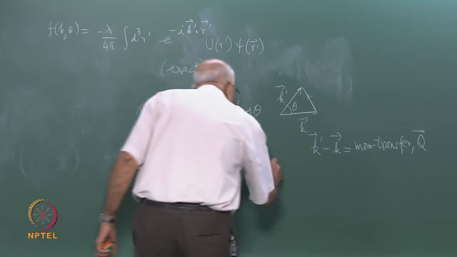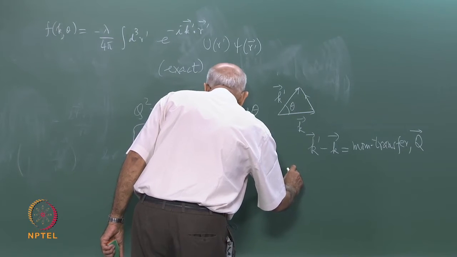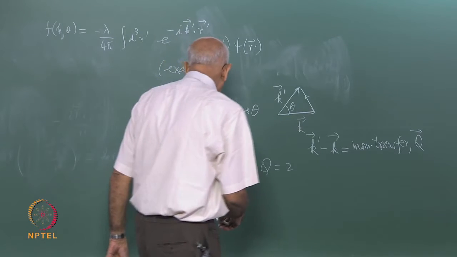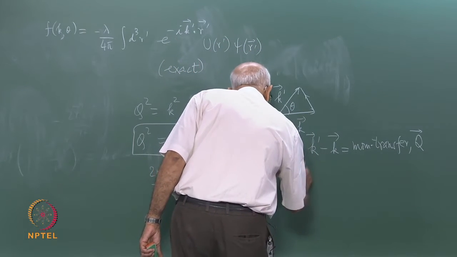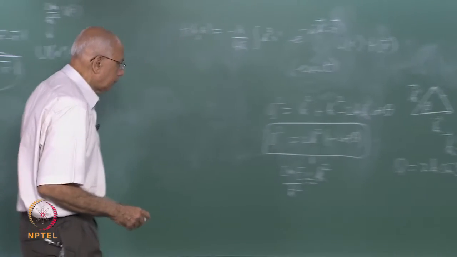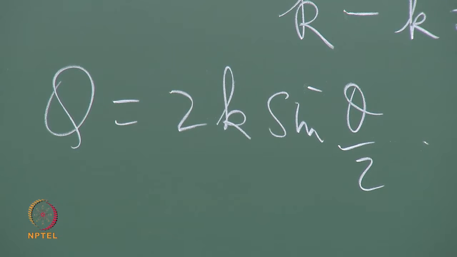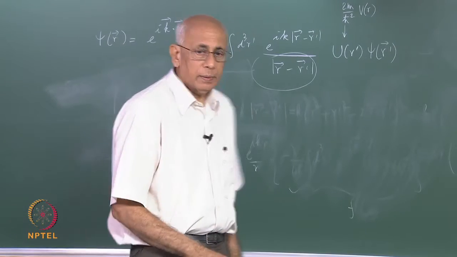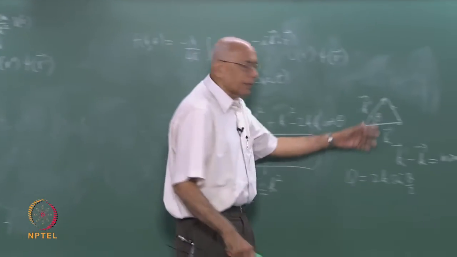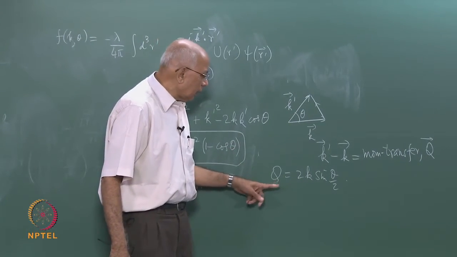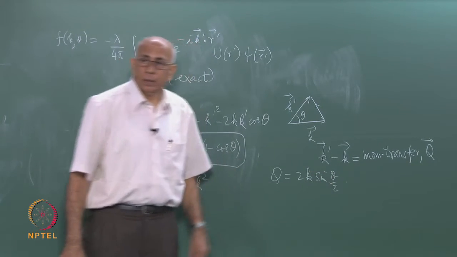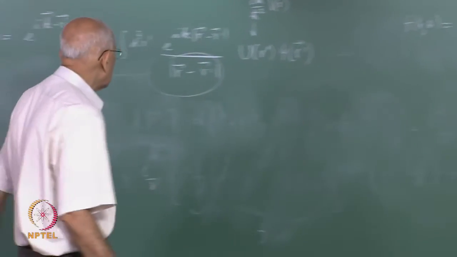So this will also imply that q equal to, if I write this as twice sine squared theta over 2, this becomes 2k sine theta over 2. Okay. And it is a positive number because theta runs from 0 to pi. Okay, that is worth remembering, that the scattering geometry here is worth remembering, that the momentum transfer's magnitude is related to the wave number, the incident wave number, and the scattering angle by this very simple expression.